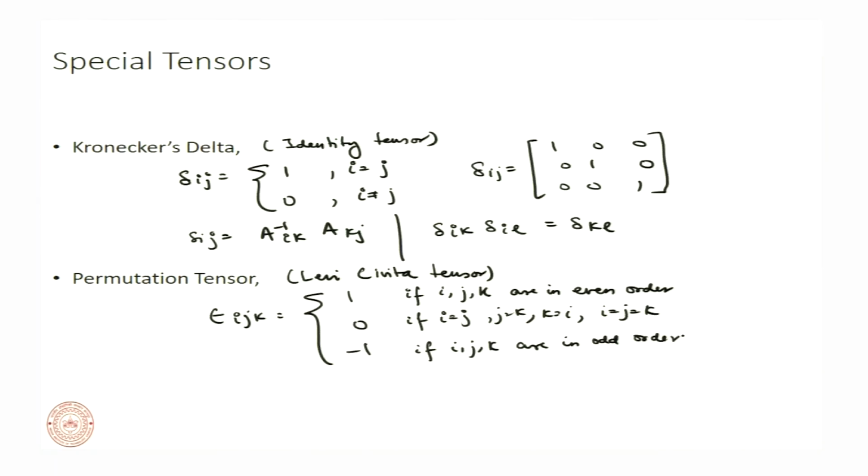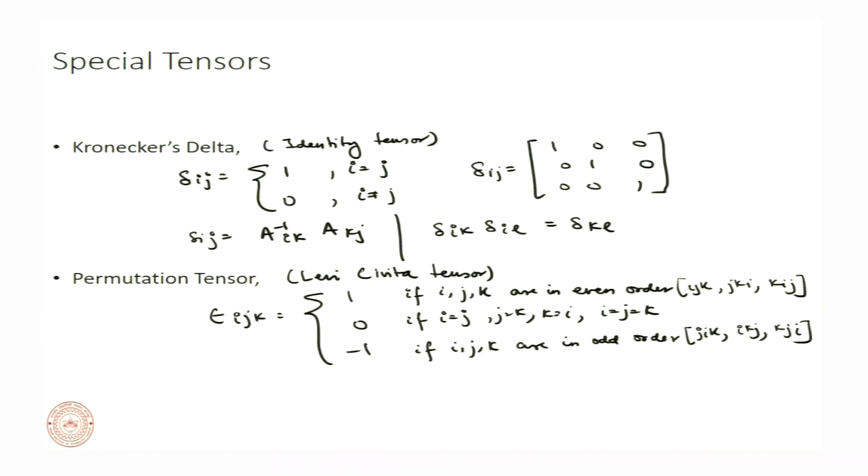What I mean by even order is ijk, jki, kij, then it is 1. If it is in the opposing direction, say jik, ikj, and kji, then it is negative, that is -1.